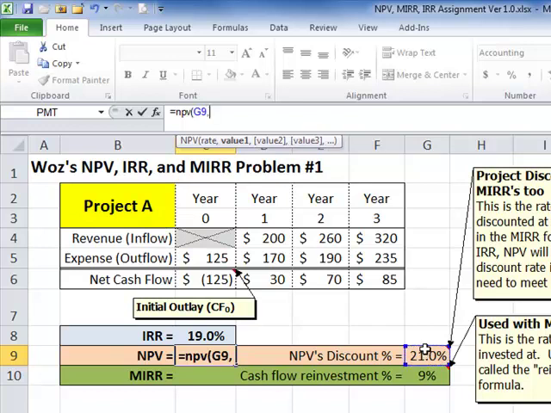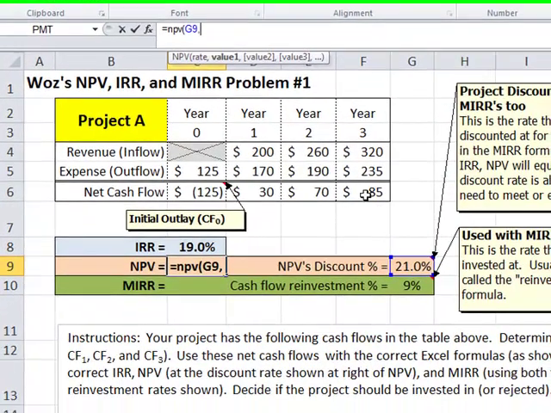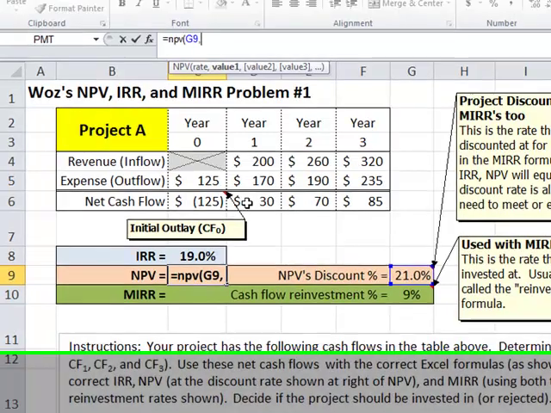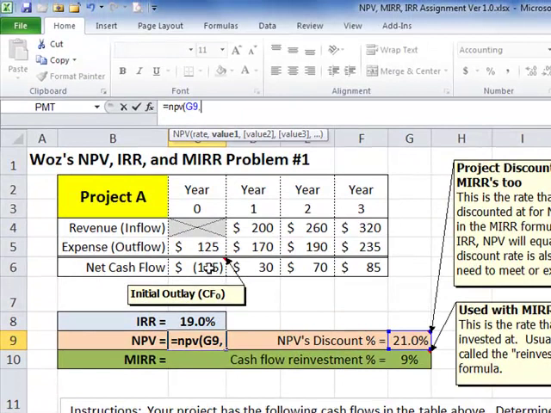At this point, you need to know that you only go to use or select the cash flows from year 1 forward. We ignore the initial cash flow, time equals 0 cash flow. Let's go do that, close it off. Okay. Now we've got part of the answer.